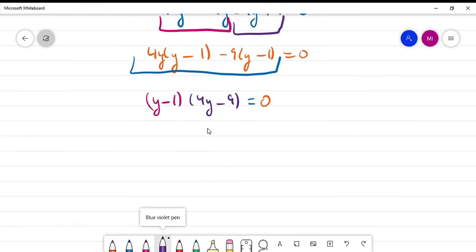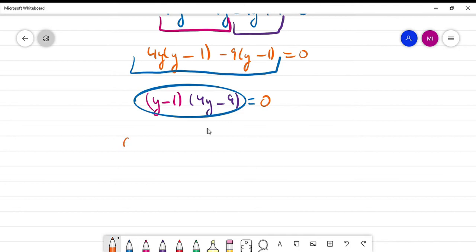Now we can see that the product of y minus 1 and 4y minus 9 is equal to 0. So that means that one of these must be 0. Either y minus 1 is 0 or 4y minus 9 is equal to 0. But we don't know which one is equal to 0.